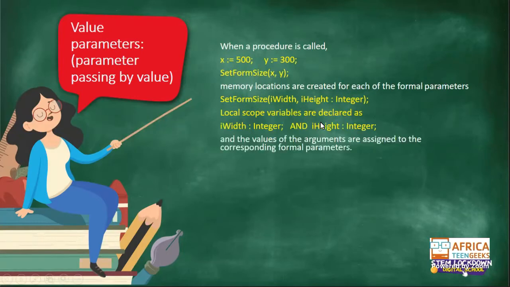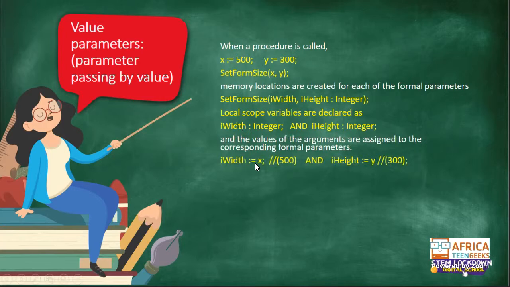Then after that, the values of the arguments, 500 and 300, are assigned to the corresponding formal parameters. So my set form size, I width and I height will now, after they've been declared, be initialized by receiving the values from x and y.